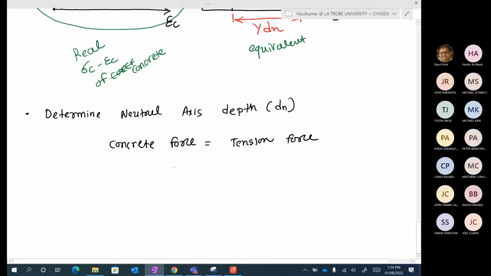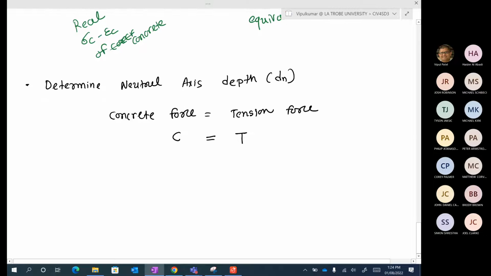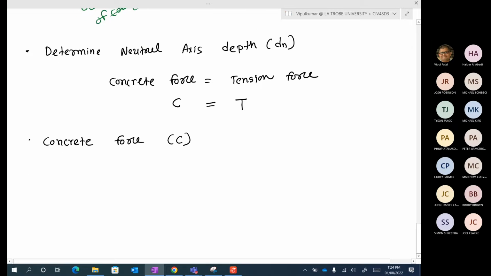So concrete force, let's denote it by C, and tension force as T. Now let's find the concrete force C. As I mentioned, force equals stress times area. For the concrete force, the stress of the concrete is alpha 2 f'c.